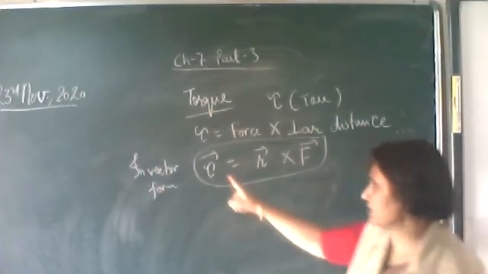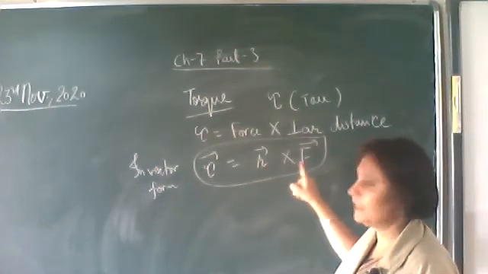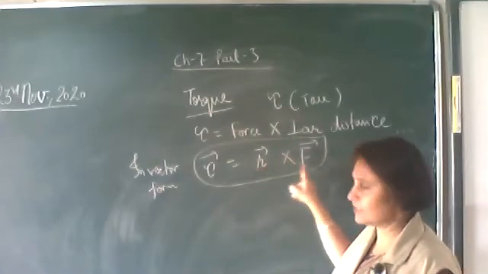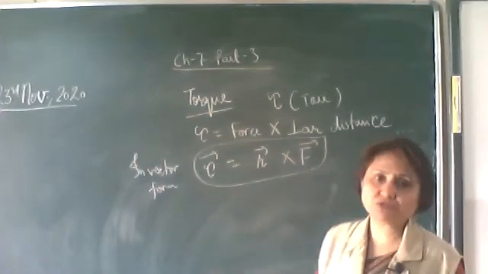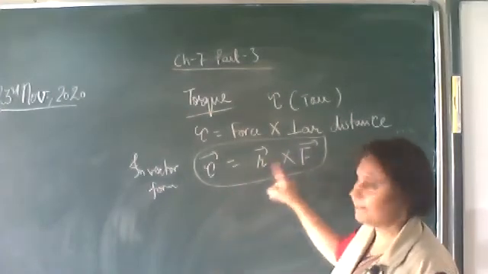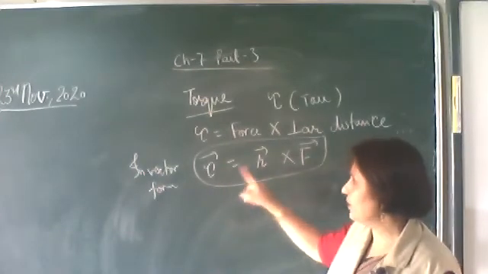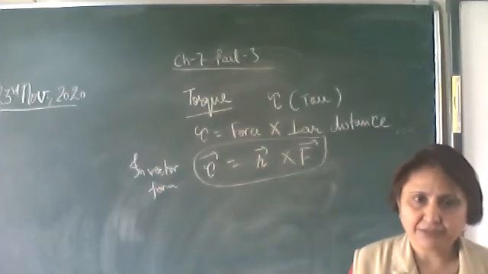So tau is a vector quantity, and what will be its direction? Its direction will be perpendicular to the plane containing r and f vectors. As it is the cross product, we know that suppose a cross b vector is equal to c vector, c vector is perpendicular to the plane containing a and b vectors. The same way, tau vector is perpendicular to the plane containing r and f vectors.